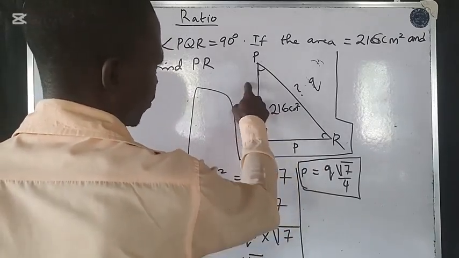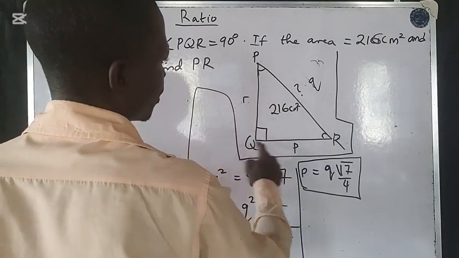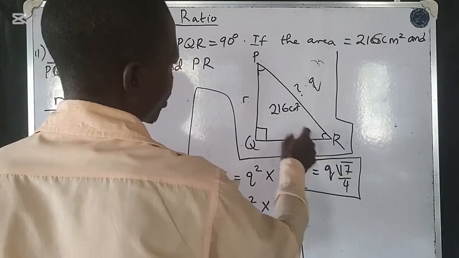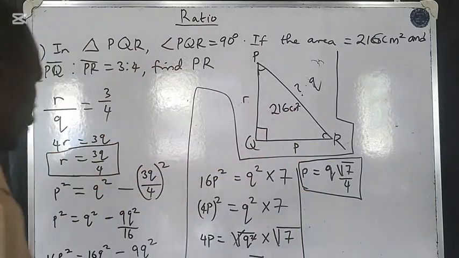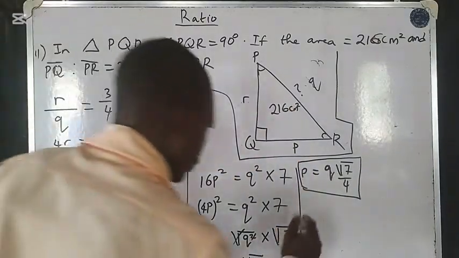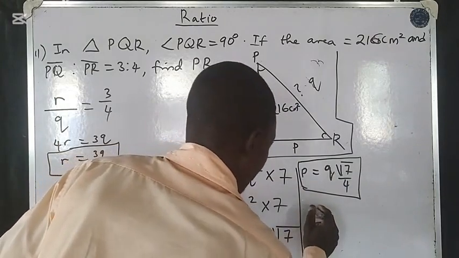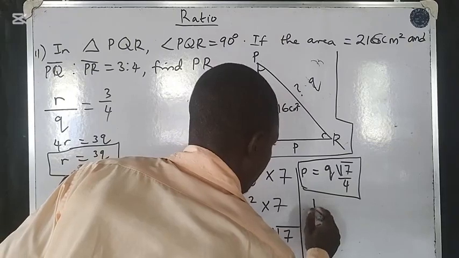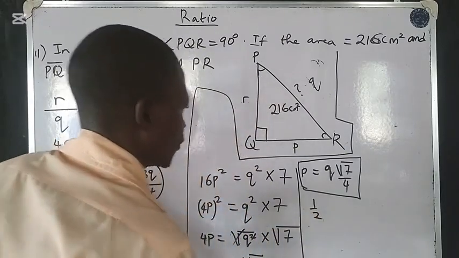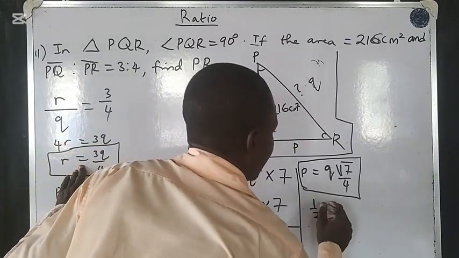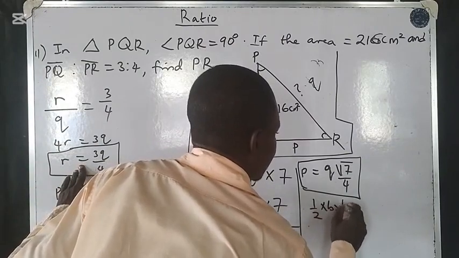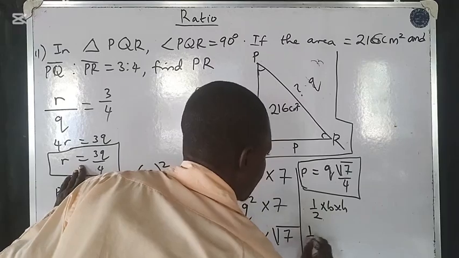So height times base should be able to give me the area. Half times base times height of the triangle should give me the area of the triangle. This is the formula for a triangle: half times base times height. So we write half.